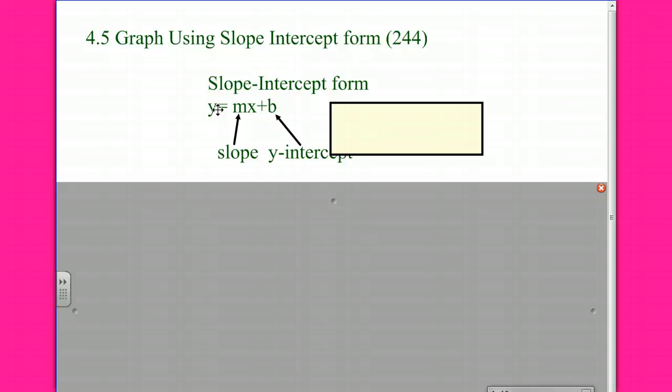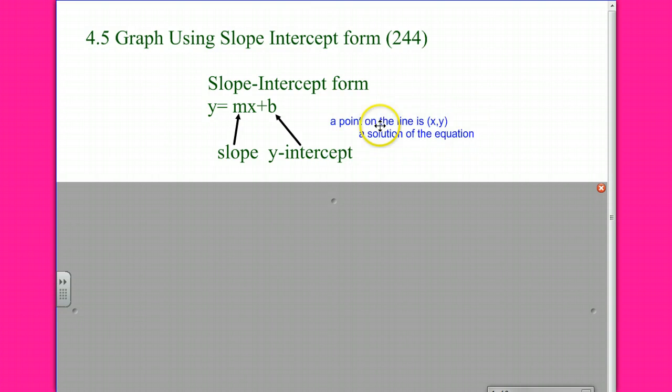And so they represent all of the possible points that could be found on this line. Do you see why it's left open? They are left x and y because they represent together all of the possible solutions for the line. A point on the line is the x and y. It is a solution of the equation.